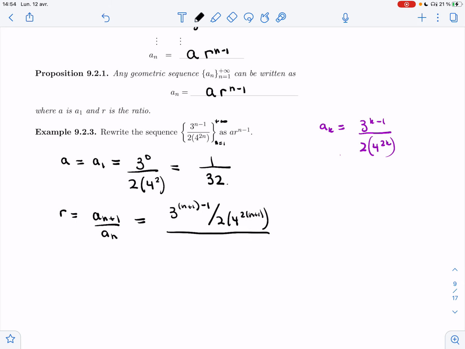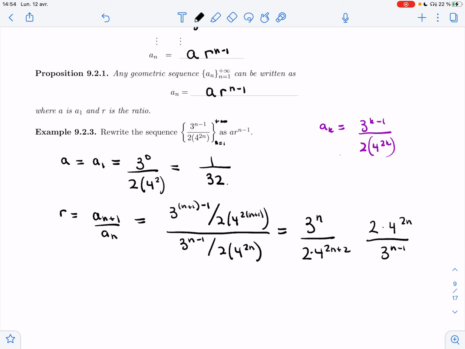And then over 3 to the n minus 1 times 2 times 4 to the 2n. All right, this is what I get. I'm going to flip the denominator again. So 3 to the n, 2 times 4 to the 2n plus 2. And then I'll have 2 times 4 to the 2n and 3 to the n minus 1.